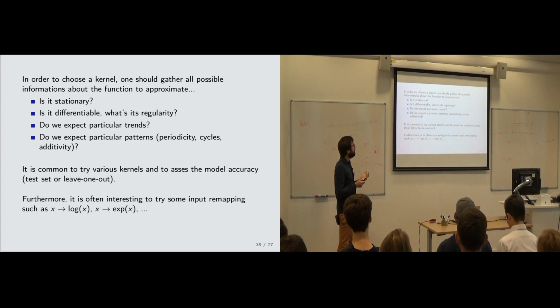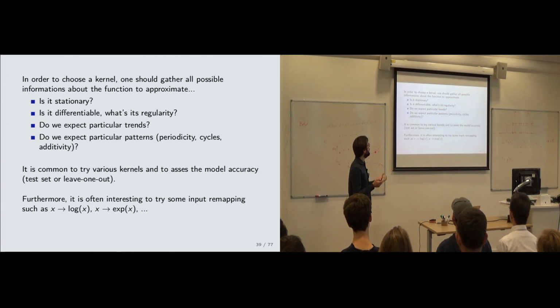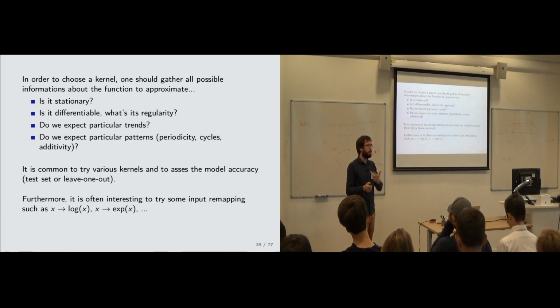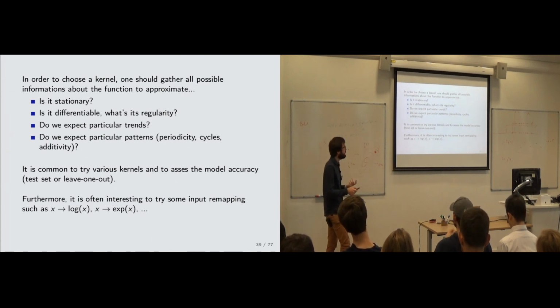So when someone gives you some data, you should try to get as much information as you can. For example, do you expect this to be stationary? If I were to shift the data in space, should that change something in the model I'm doing? And if you're stationary, if things only depend on distance, then moving data around should not affect your model, right?